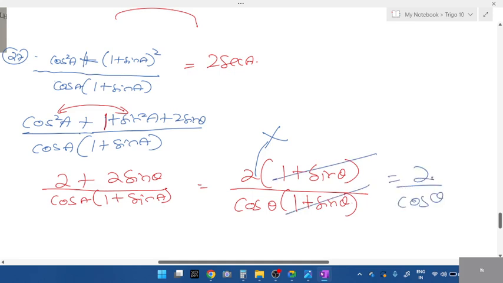We almost got the value. Right hand side, we have 2. For sec A, reciprocate cos A. Yes, 2 sec A. Oh, everything is A, right? Right A. I don't know why I have written theta.